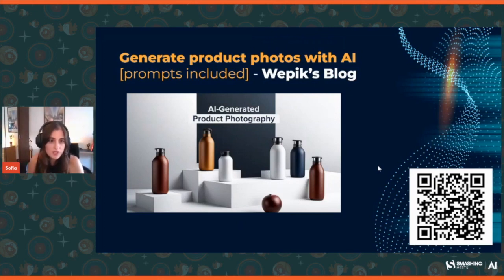The prompts are included in it, and it's like a walkthrough of what I just did. But I think more clearly, you can write it down, you can go back to it, and it's also accompanied by images. So I think it can be a very useful tool.